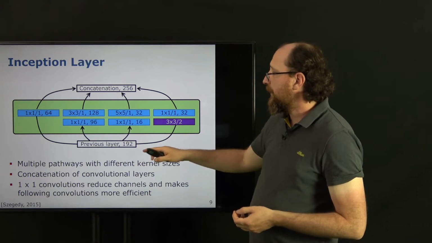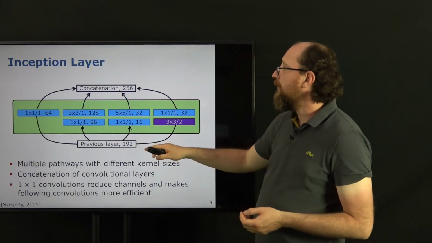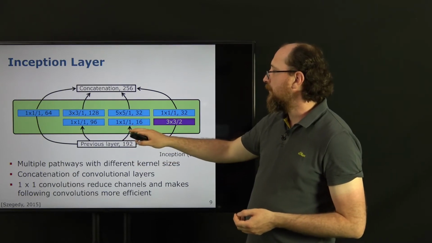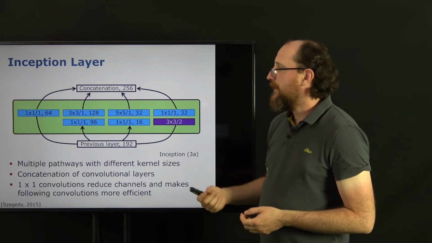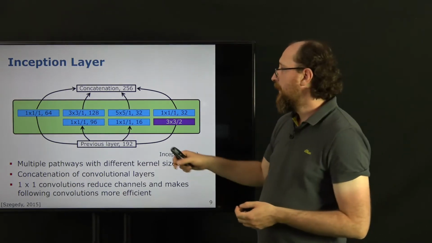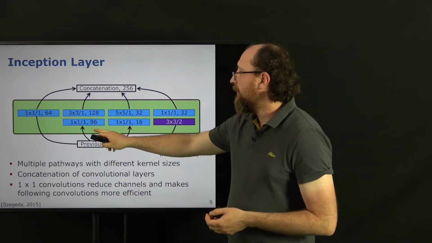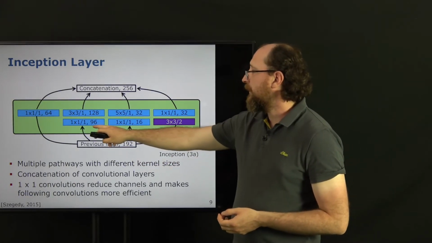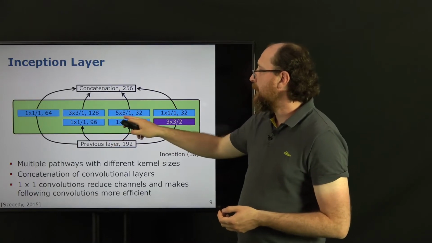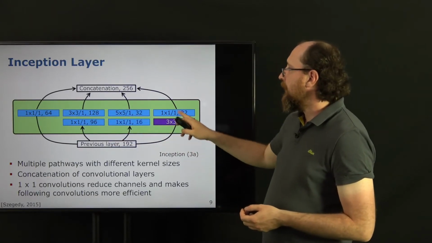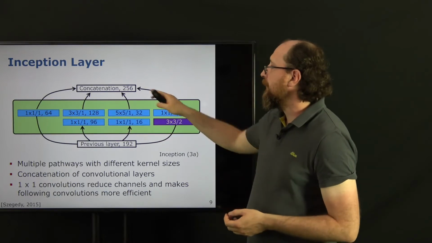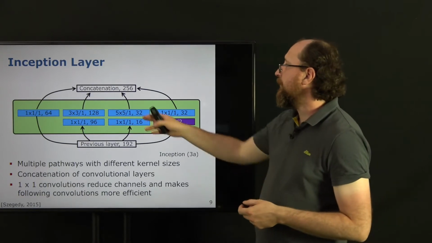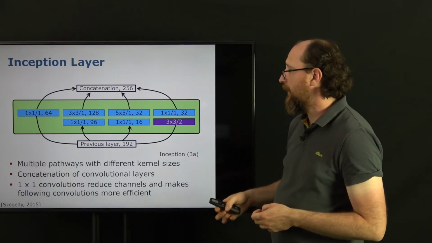As I said, we have these multiple pathways, and to reduce the number of channels that came in, they had these 1-by-1 convolutions, which are just a linear combination of the input channels, reducing the number of channels from 192 to 16 or 96, and then using 3x3 or 5x5 convolutions. And then the outputs of all these convolutional layers are concatenated again into a feature map size of 256. This was the inception layer.